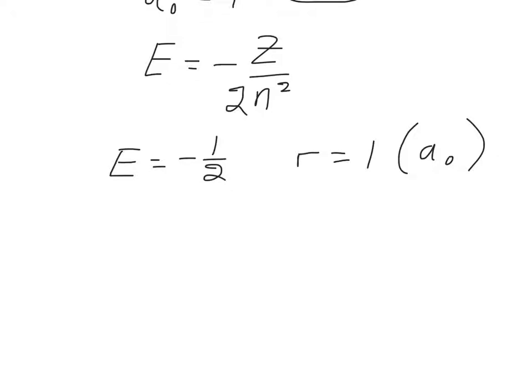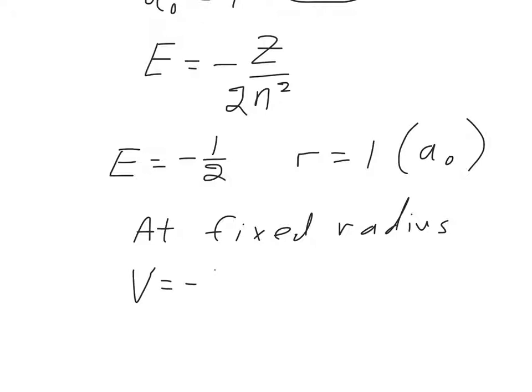And at this distance, at the fixed radius for the hydrogen atom, V is equal to minus 1, and of course the kinetic energy is equal to plus 1/2.